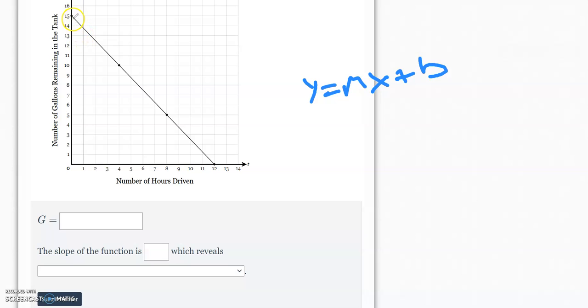The rule seems to be coming down by 5 and over by, I'm looking at the x coordinate right there, and I'm watching the y coordinates.